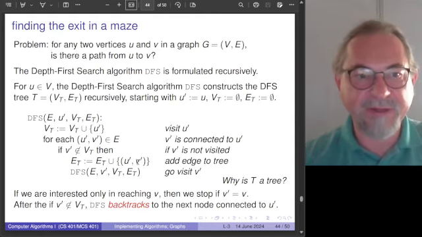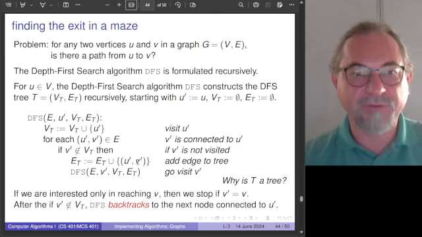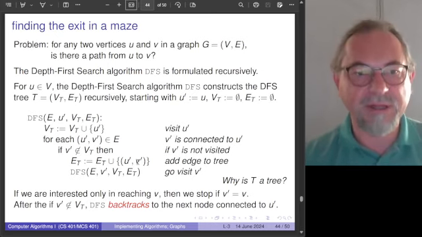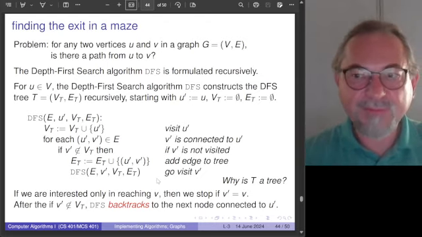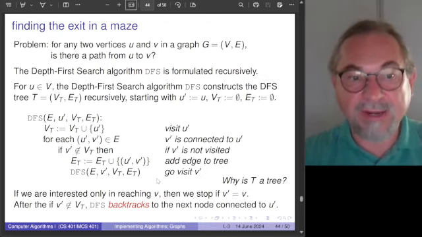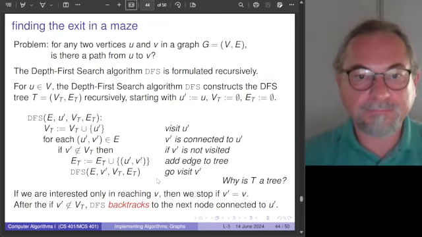So for every update of the vertex set, there is an update of the edge set. So this is why you have this n minus 1 again. And it is connected.